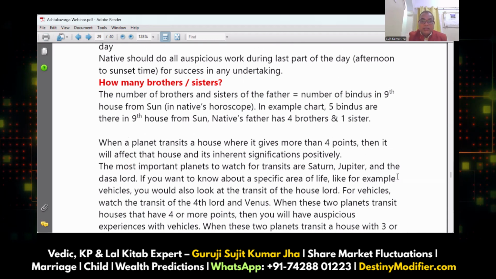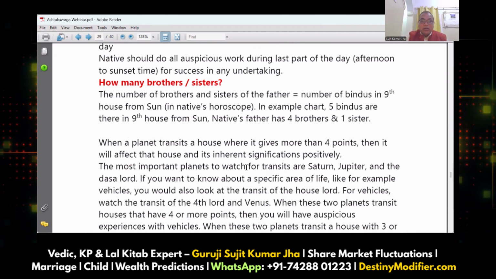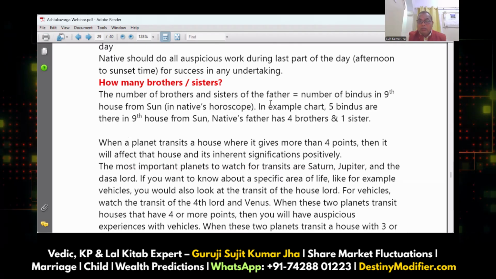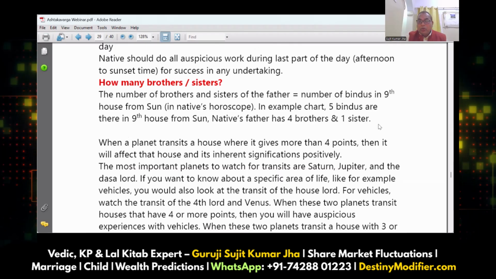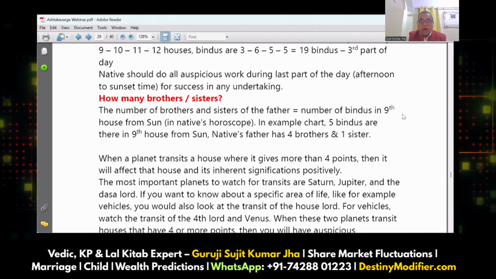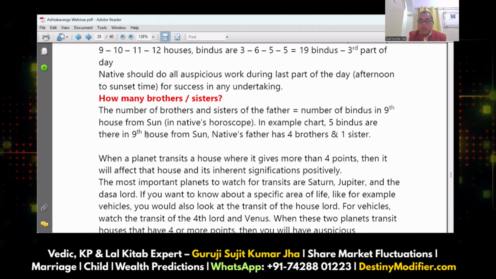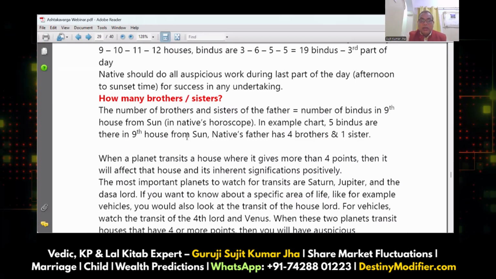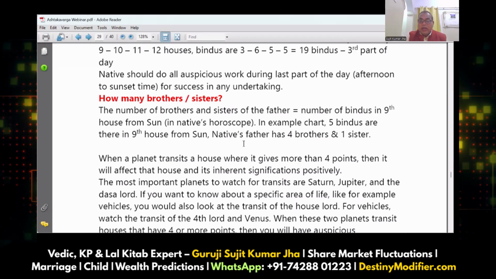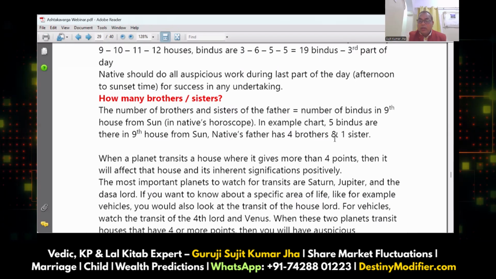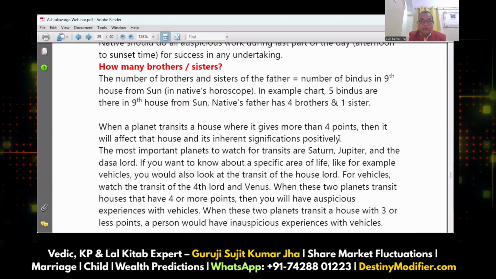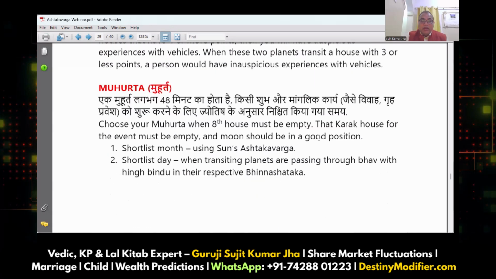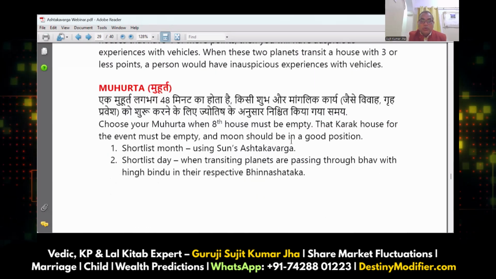How many brothers and sisters? The number of brothers and sisters of the father is the number of bindu in the ninth house from the Sun. In the example chart, 5 bindu are there in the ninth house from the Sun, and the native's father has 4 brothers and 1 sister. So using Ashtakavarga, we can find the Muhurat. Which Muhurat is good?